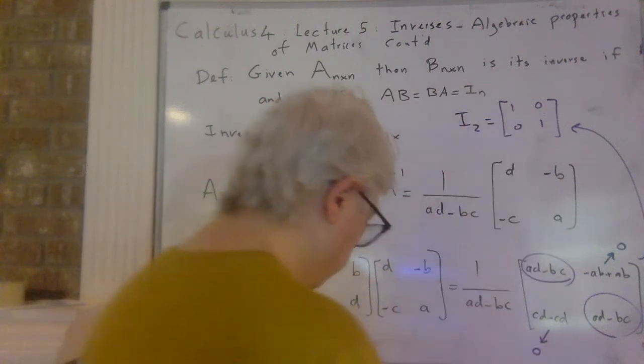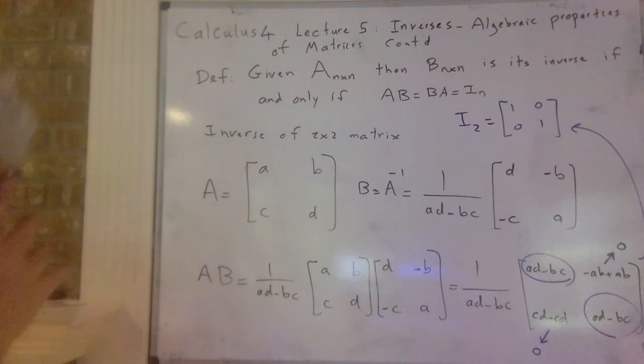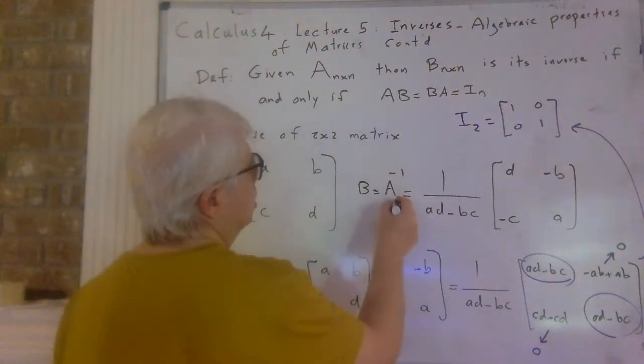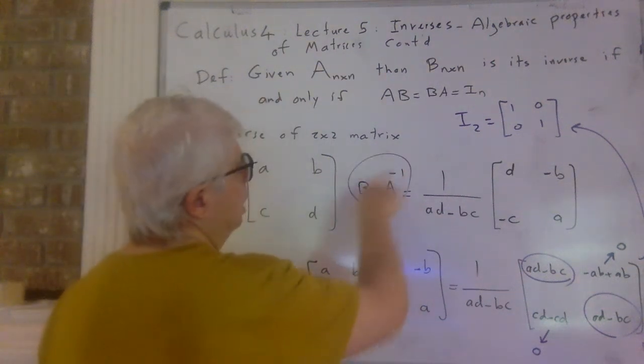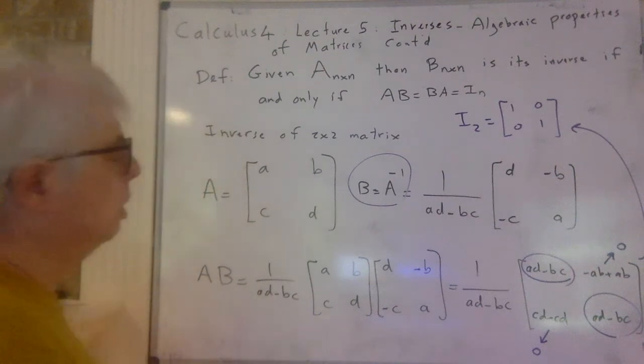Okay, so that B, which has that format, is in fact the inverse of A. And I also introduced a notation here, A with a -1 on top, as inverse.